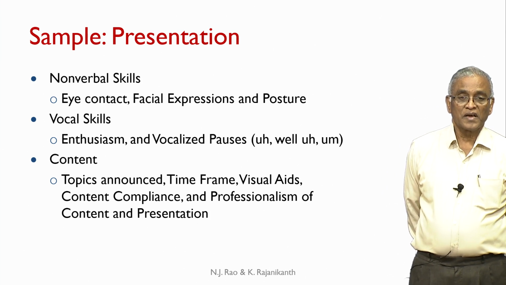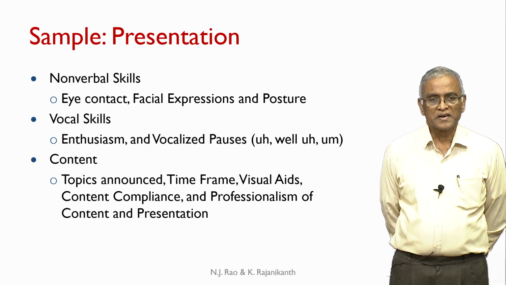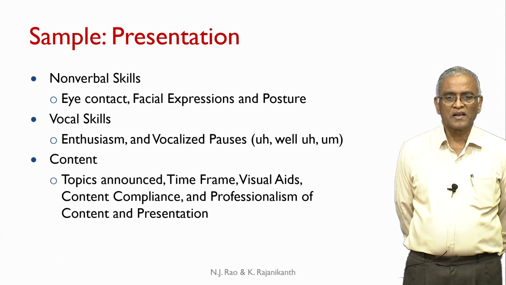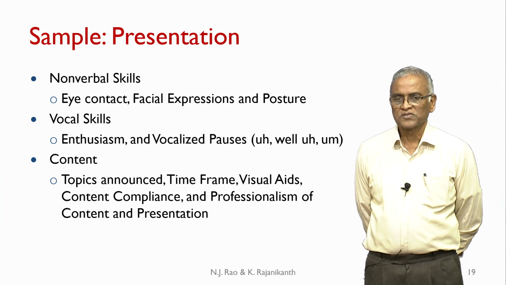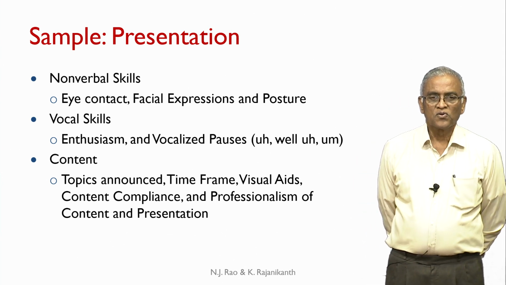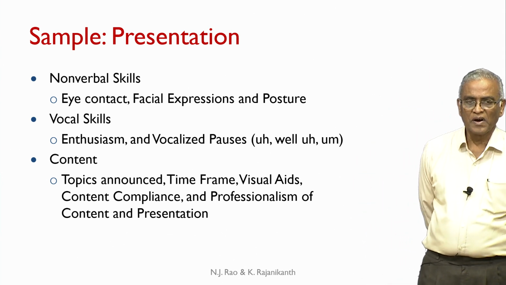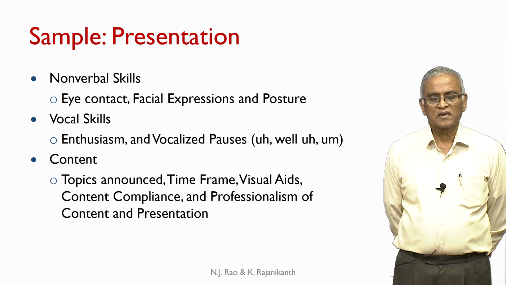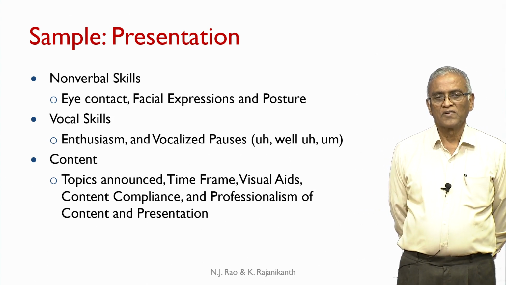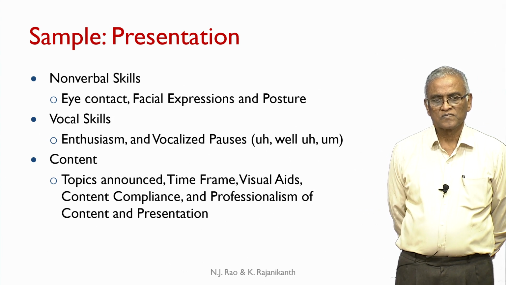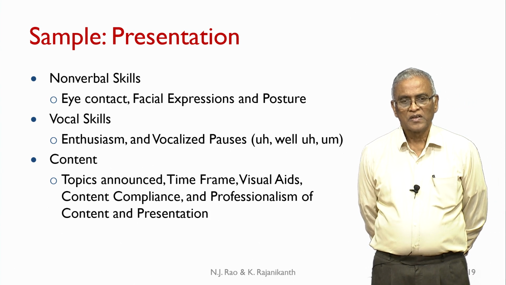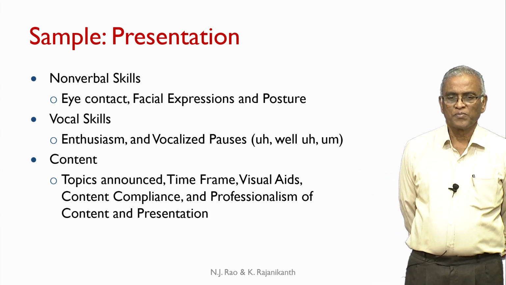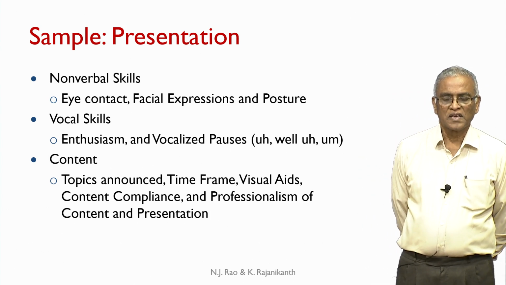You can make your life very difficult or complicated by marking separately for eye contact, facial expressions and posture, or you can have these 3 characteristics in mind and give some mark with respect to non-verbal skills. Okay. Similarly, voice skills, enthusiasm and vocalized pauses, how are they?